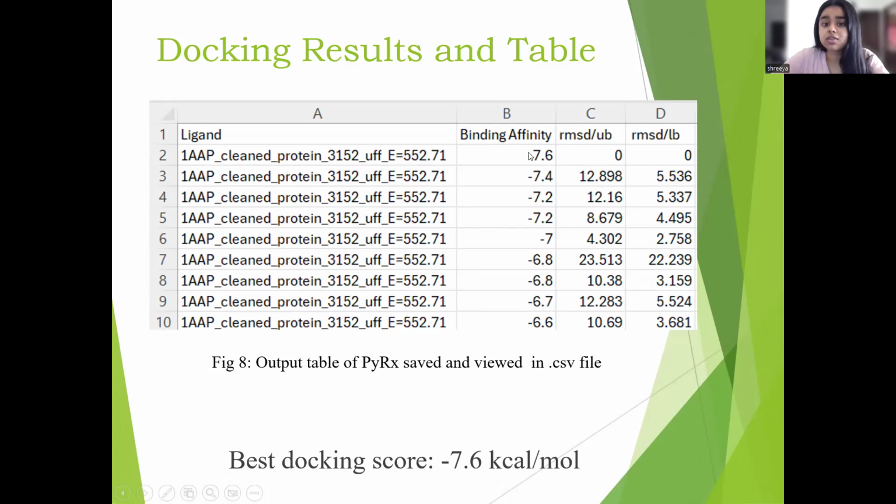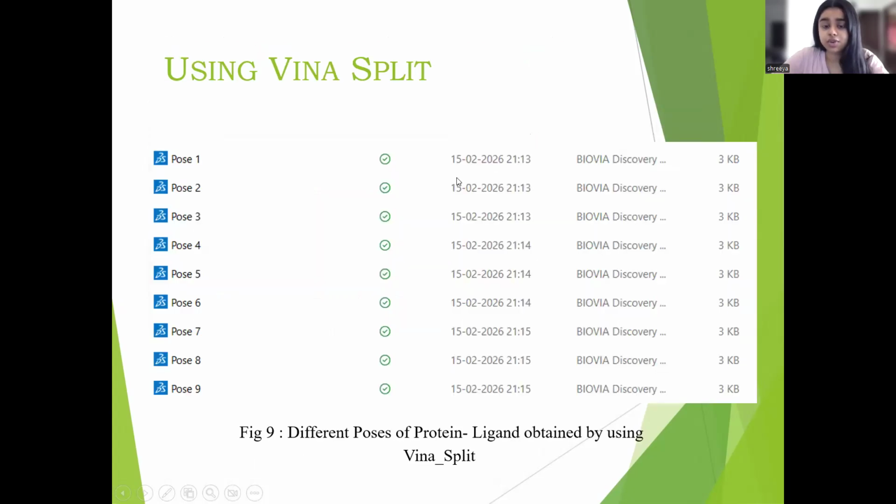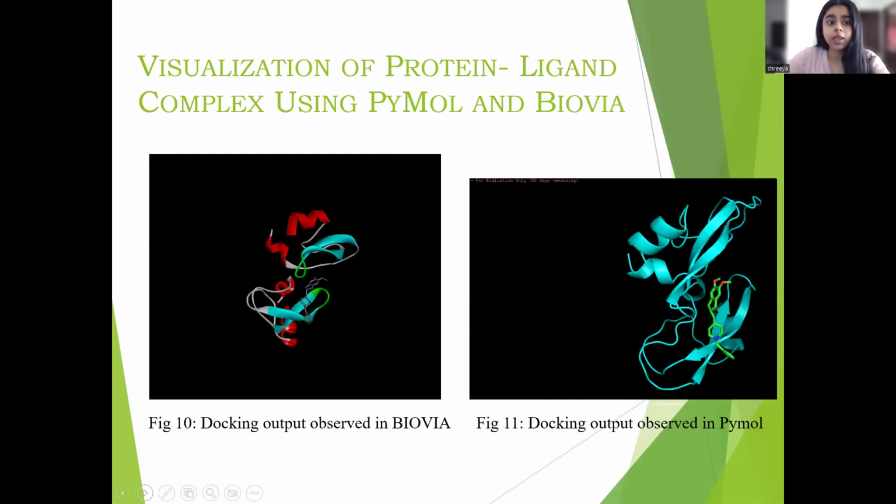So I went ahead with this one for all of my further visualizations. I did the pose differentiation using the Vina split option, and I went ahead with the first one for further visualization.